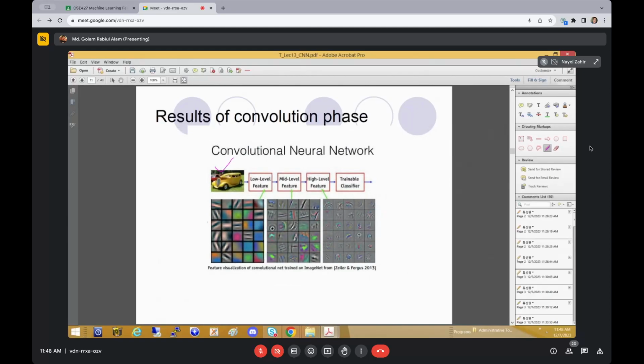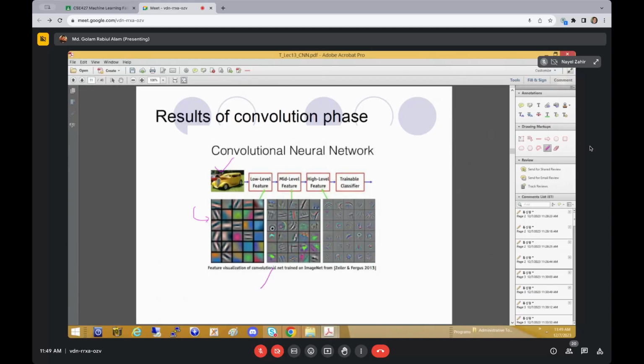Like this is a car. This is for the low level features or surface level features. Here we can say just the textures, the different shapes and colors. Then we can see the mid-level features here and then high-level features here.